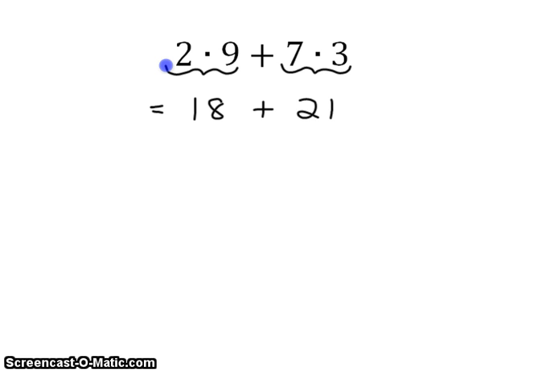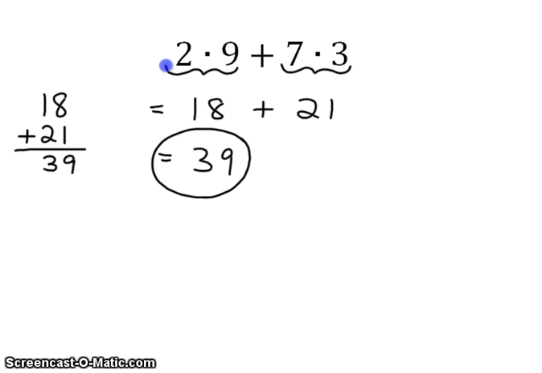I'm going to put an equal sign indicating that that is equal to the expression immediately above it. Okay, 18 plus 21. Let's go ahead and work that out. 39. Okay, so here we did multiplication first, then we did addition.